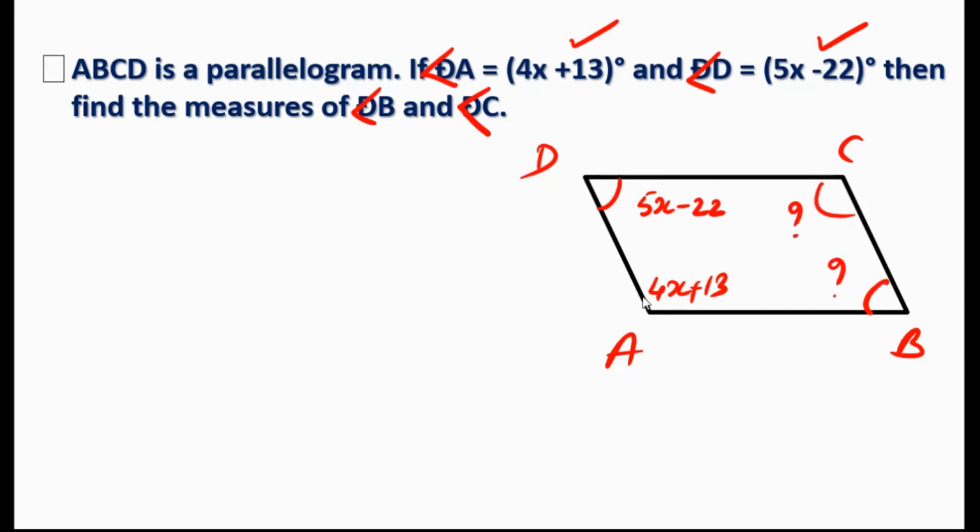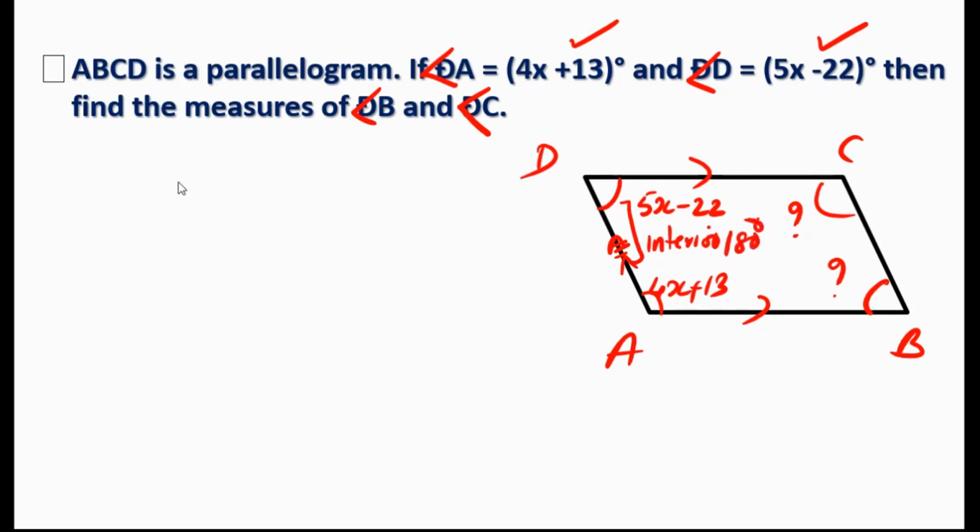Now what is given is these two angles, and these are parallel lines, and this can be considered as transversal. This is our transversal. So these two are interior angles. If these two are interior angles, sum must be 180 degree.